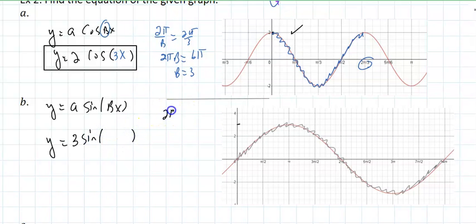The period is always 2 pi divided by b. Since b is 4 pi, if I cross multiply, divide, 1/2 x, or x over 2 will do.